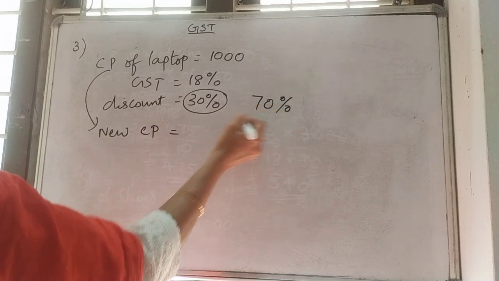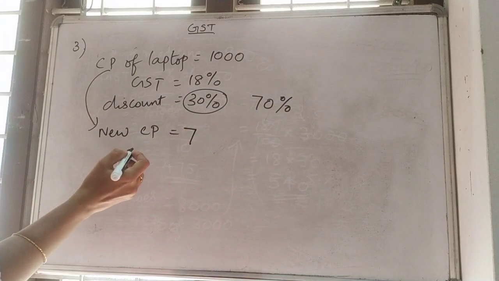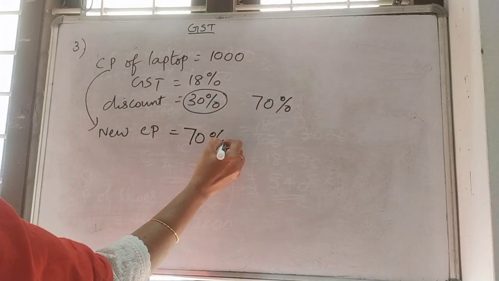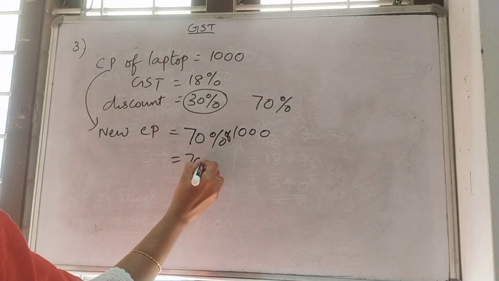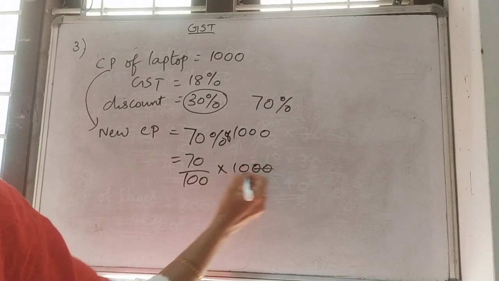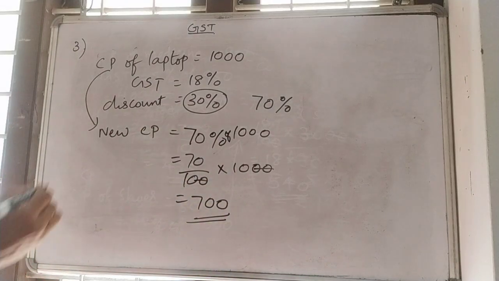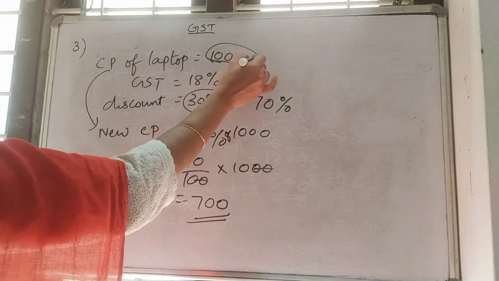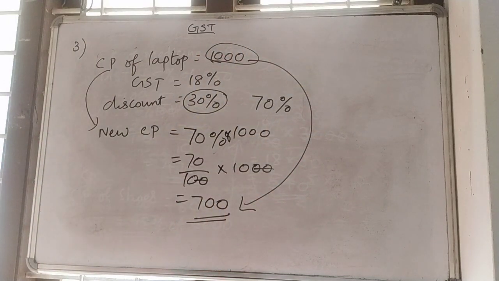That means 70% we have to pay. So the new cost price will be 70% of 1000 rupees, 70 by 100 into 1000. So instead of 1000 rupees we have to pay only 700 rupees for the laptop.